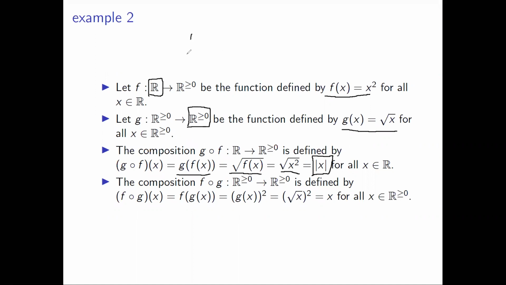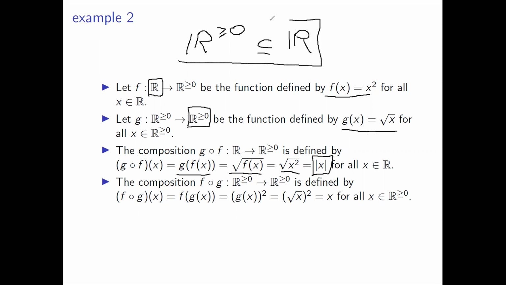And this is because the codomain of g is a subset of the domain of f. So even though that codomain of g is not the same as the domain of f, we can still do the composition f of g.